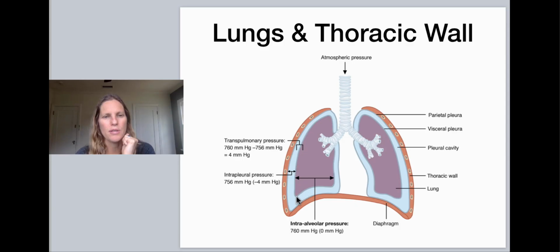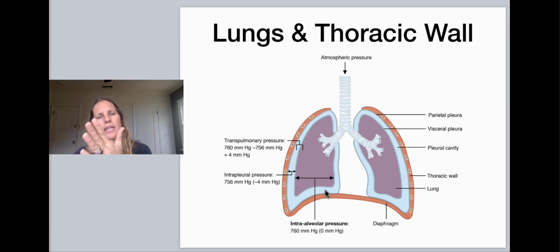We call the pleural membrane that sits on the lungs the visceral pleura. And the one that attaches to the thoracic cavity, we call the parietal pleura. And then the space in between is the pleural space, or the pleural cavity. There's a tiny bit of fluid in here that separates those two layers.